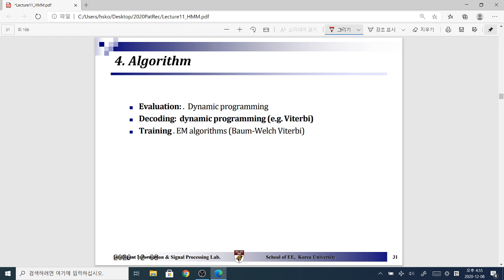So typically, when we do the evaluation and decoding, we use dynamic programming because it's going to allow us to make it much more efficient, because it could be a very, very tedious process. So for evaluation and decoding, we use dynamic programming.